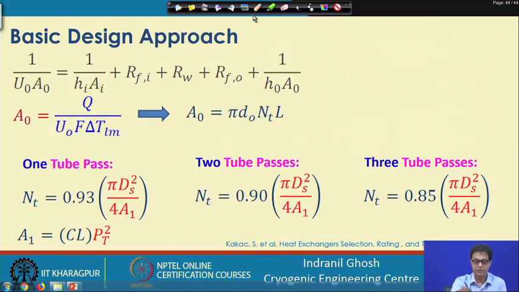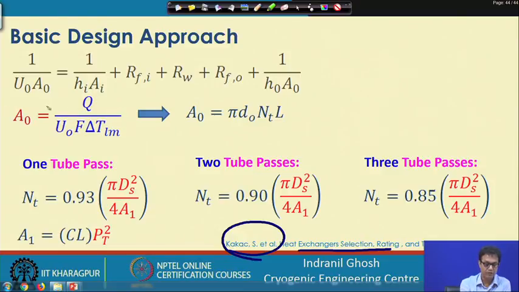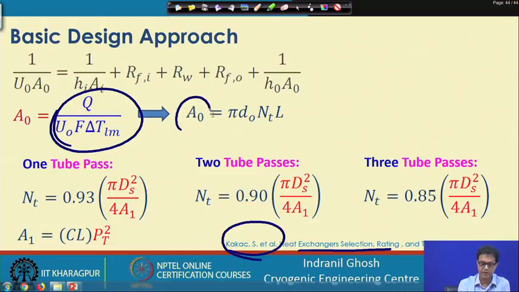So, we have certain known values, already given in this particular book. One can refer to this book while designing such an exchanger, and from there we get the value of U, and from there we can try to estimate the A0.